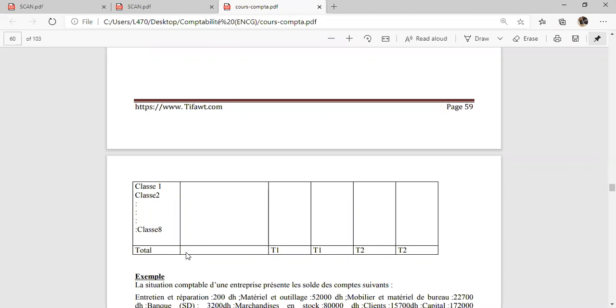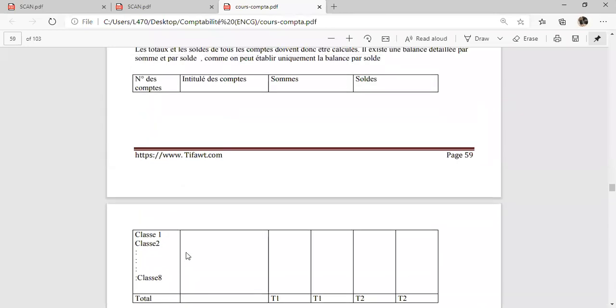Okay, so another thing that I forgot to mention is that there's some instances where we might have an extra column called the colonne de mouvement. So this one simply helps us directly compare with our previous accounting period.